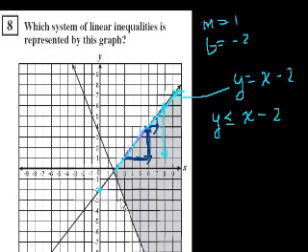But now we have to figure out the lower bound. What's the equation of this line? So let's think about it a little bit. This one's a little more interesting. If I increase x by 1, going from this point, what happens to y? Y goes down by 2.